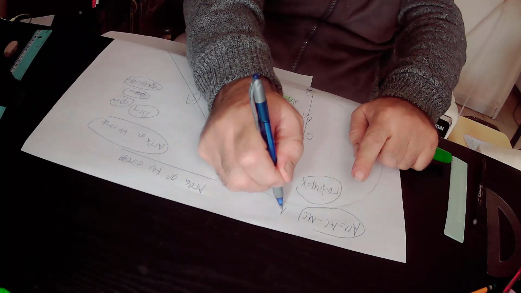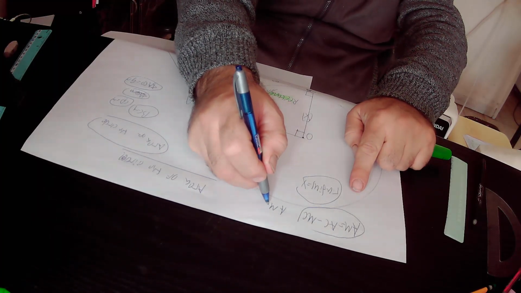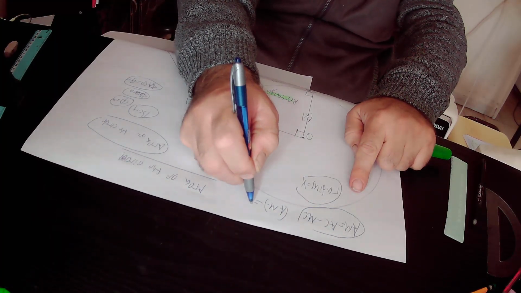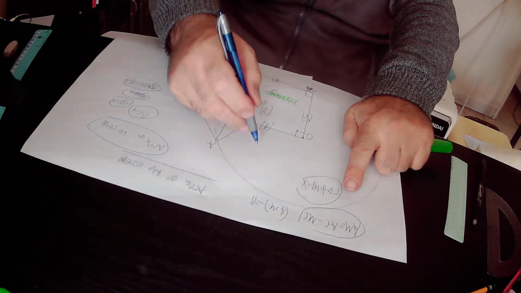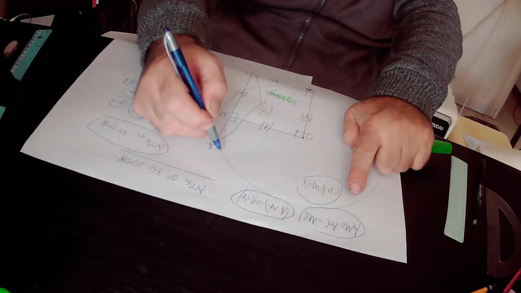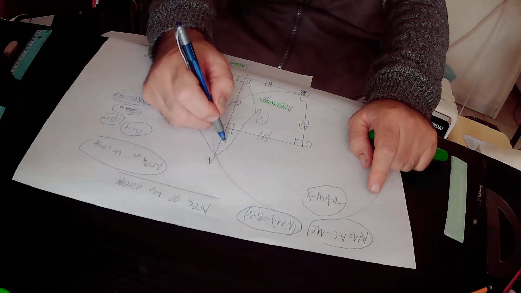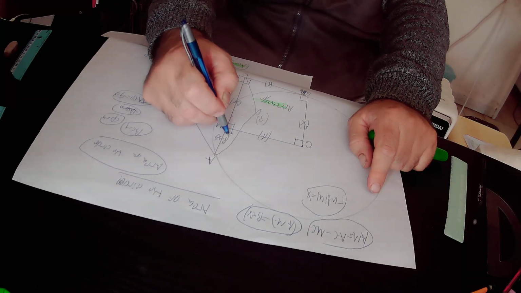So AM in total equals AC, that is 3, minus MC, that is X. So in total we find that AM equals 3 minus X units in its length. This is the missing side AM. This equals 3 minus X units in its length.